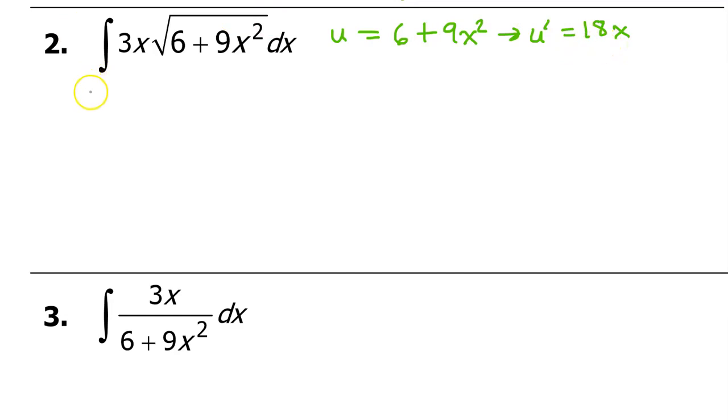Then what you do is, you do that substitution. So I have 3x, and then the stuff under the radical is that u, so I have the square root of u. Instead of dx, I write du divided by u prime, which is 18x.